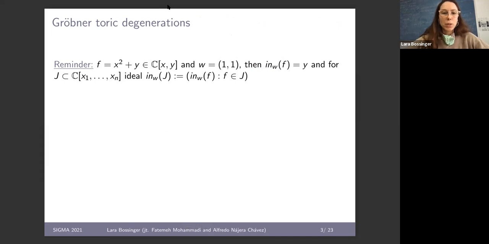We can consider initial forms of polynomials, or initial ideals, by fixing some weight vector for all the variables, and instead of considering all the polynomial, we restrict our attention to those monomials that have minimal or maximal weight. I prefer the maximal weight convention, but actually, I think in this talk it's all written with the minimal convention.